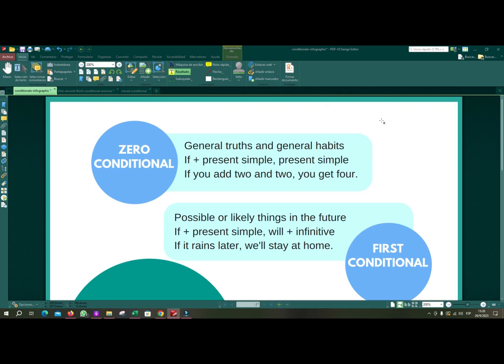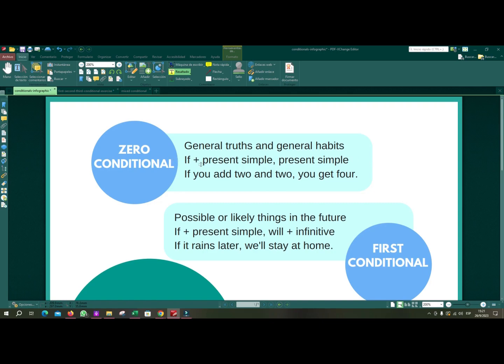We're going to use the zero conditional for general truth and general habits. Remember that in the structure we're going to use in the if clause the simple present, and in the main clause we're going to have the simple present too, right?